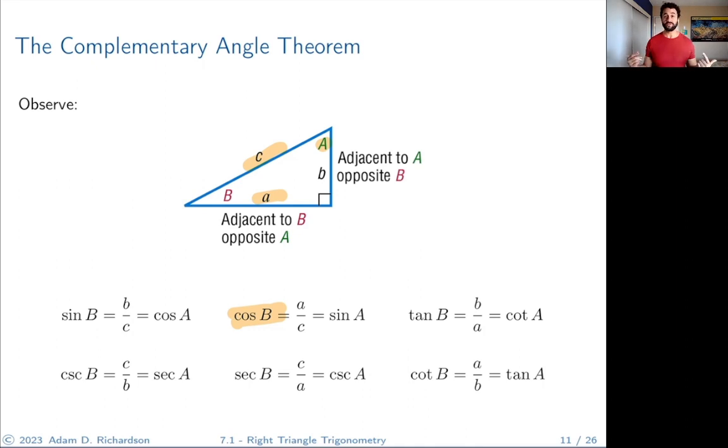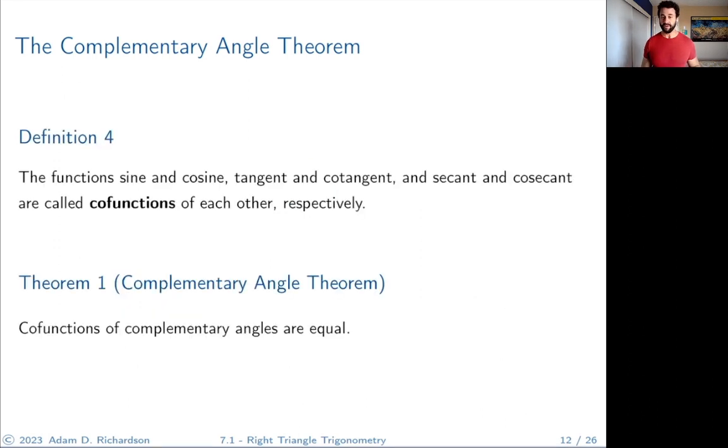And that relationship holds for all 6 of the trigonometric functions, all 6 of them. So sine of B is cosine A, cosine B is sine A, tangent of B is cotangent A, and so on. Cosecant B is secant A, secant B is cosecant A, and cotangent B is tangent A. So you get all these really nice relationships that hold, and that's what leads us to the complementary angle theorem.